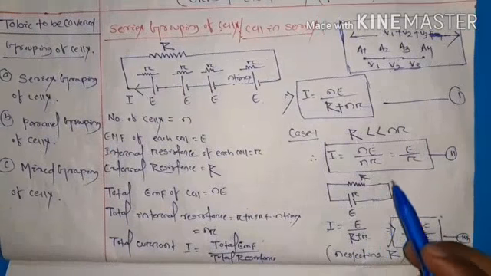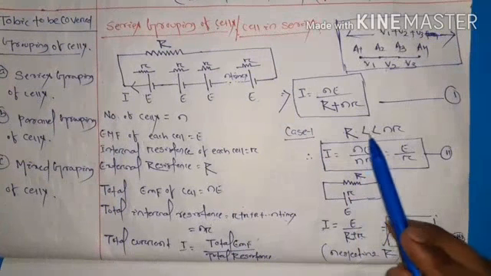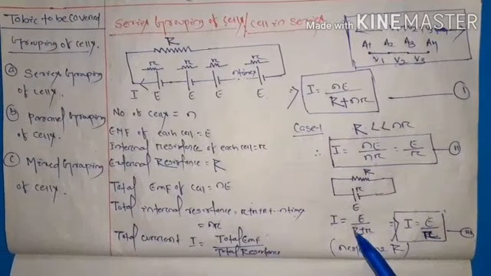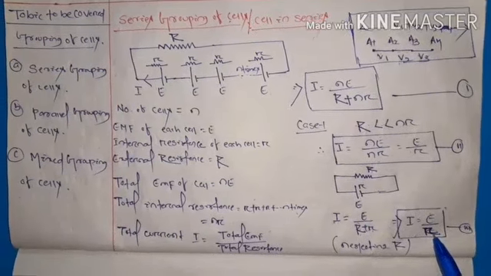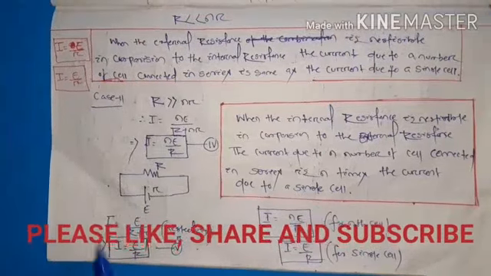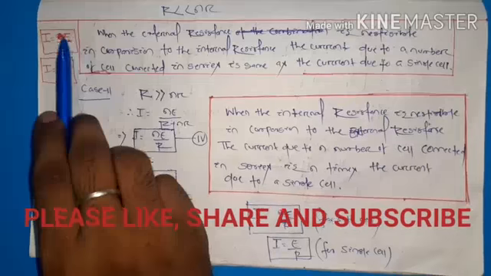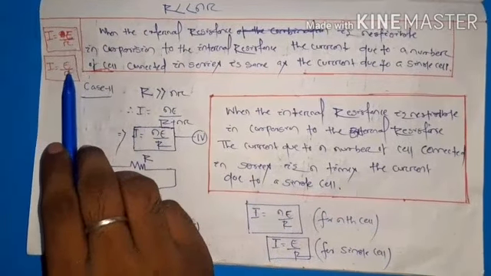But in that situation, the external resistance is very much less than internal resistance, so capital R is neglected. So the equation of current is I equal to E divided by r. So two equations are obtained: I is equal to E by r for n number of cells and I is equal to E by r for a single cell.